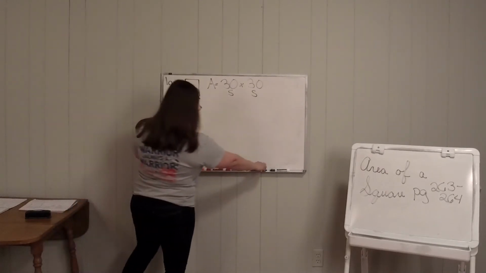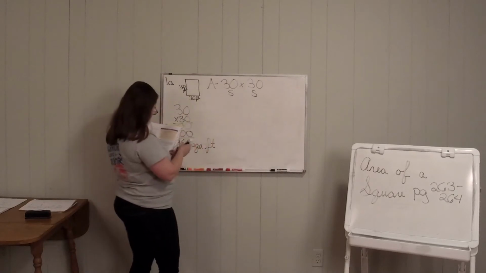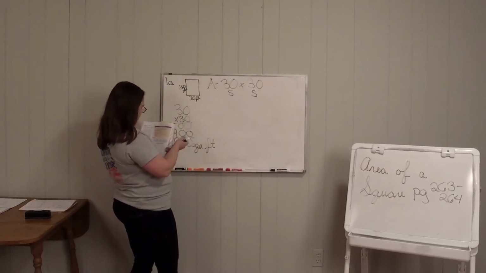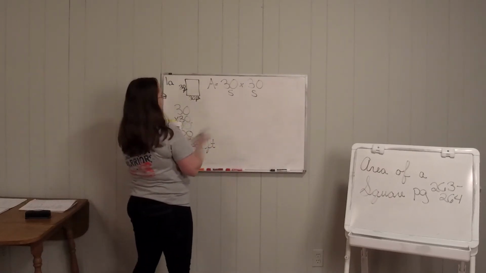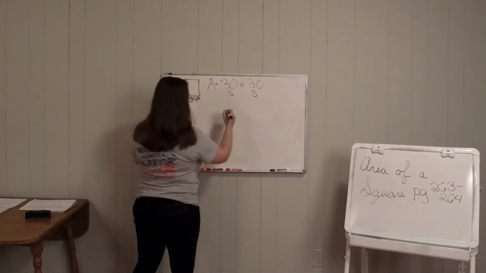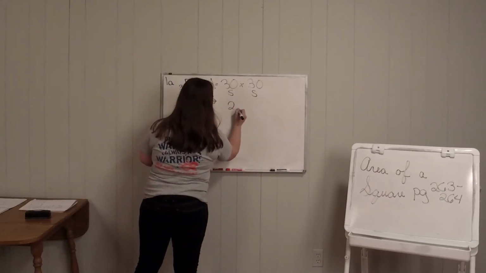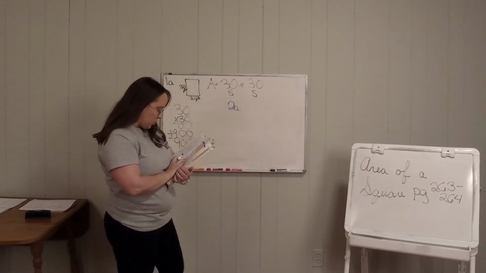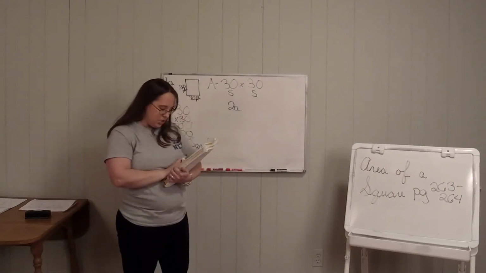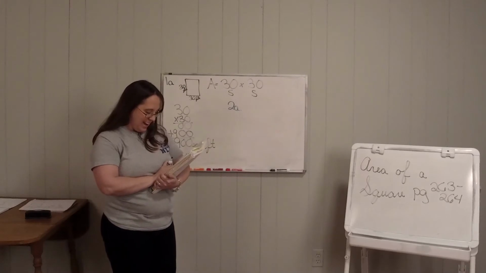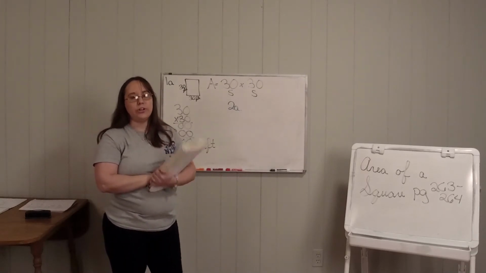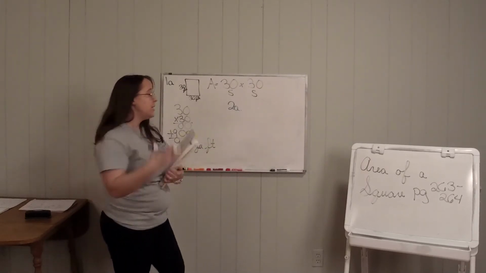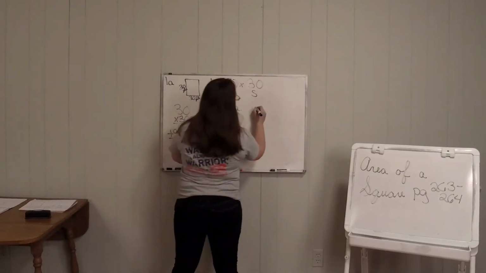Okay, let's look at number 2A. Find the area of the squares with these dimensions. Okay, the sides are 9.3 feet. So you're going to multiply 9.3 times 9.3.